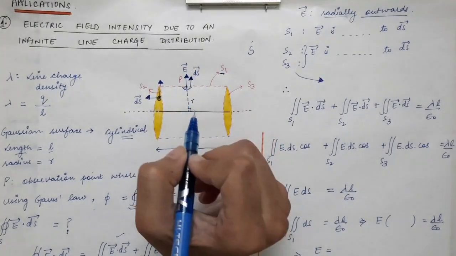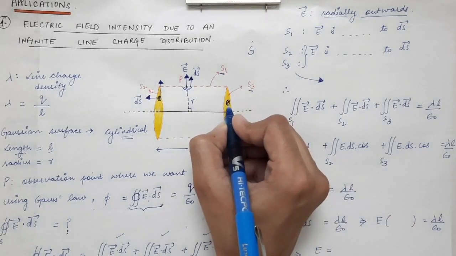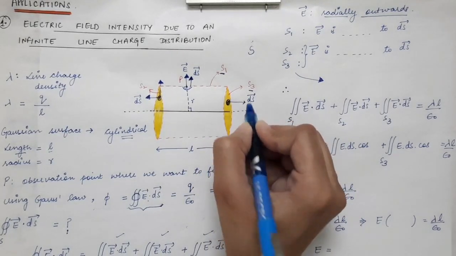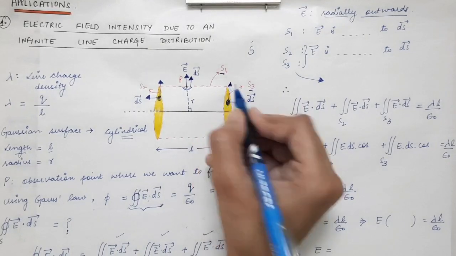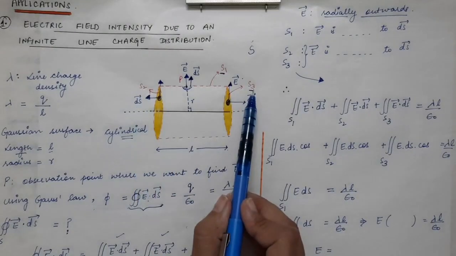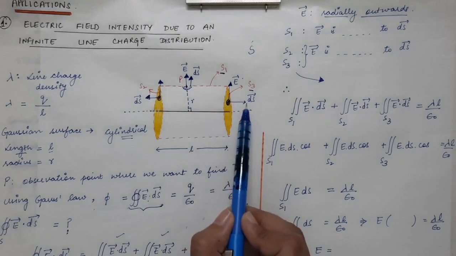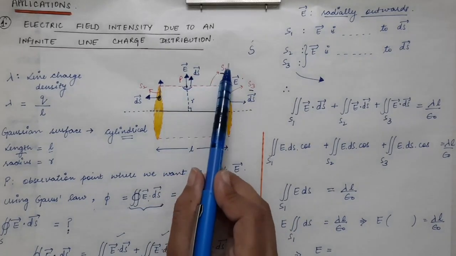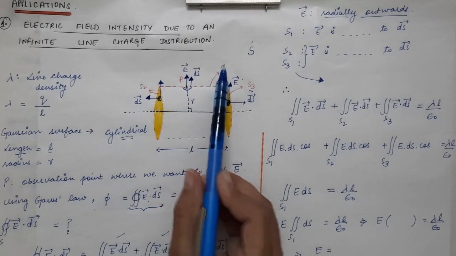Now for the S3 surface, if you take a small patch on this surface, the ds vector will be pointing towards the right hand side, and the electric field intensity, as we have said, always points radially outwards. So for the S2 and S3 surfaces, the angle between the E vector and the ds vector is 90 degrees, whereas the E vector is parallel to the ds vector for any point on the surface S1.